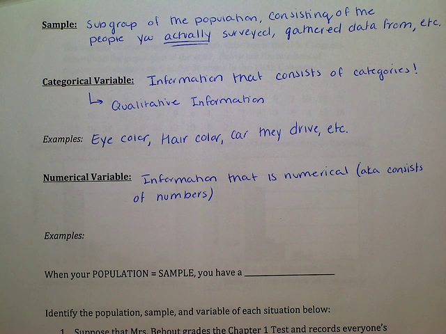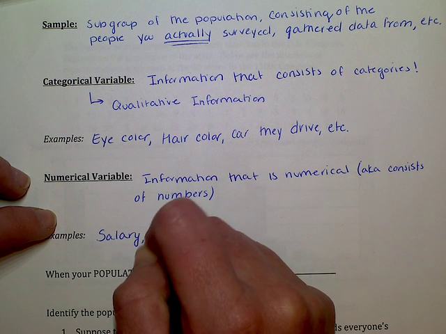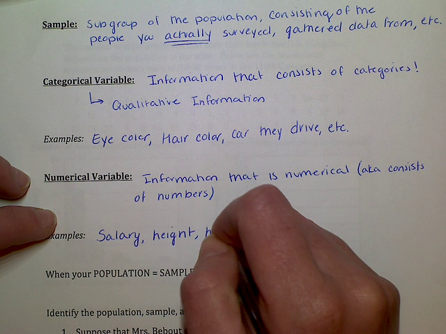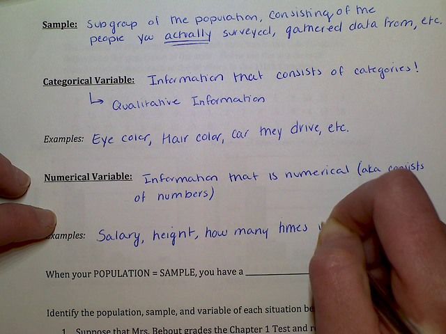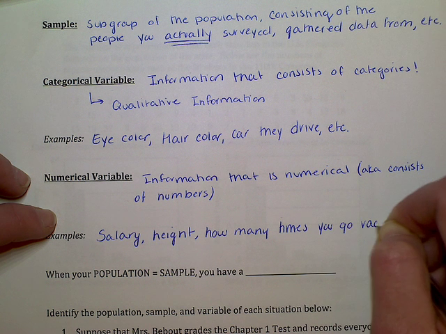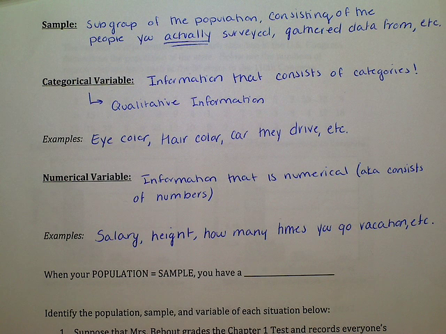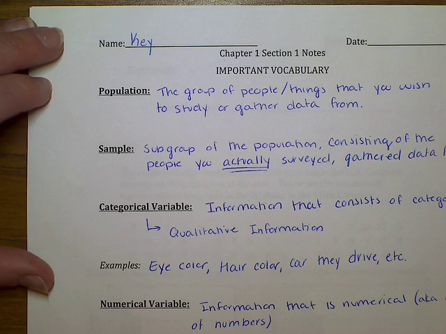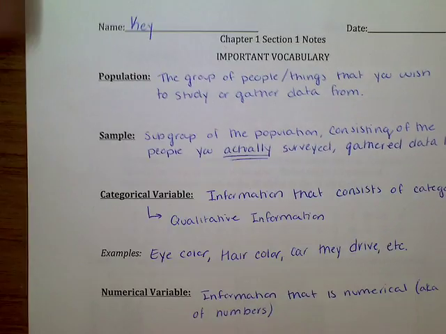Okay, so examples, this could be your salary, or your height, or how many times you go on vacation. Again, the list is endless, okay, of the numerical information that we could gather. So one thing I'll have you do in a little bit is not only identify a scenario's population and sample, but also talk about the variables at play.